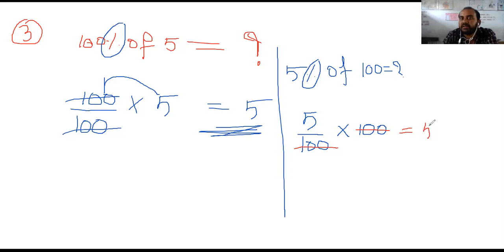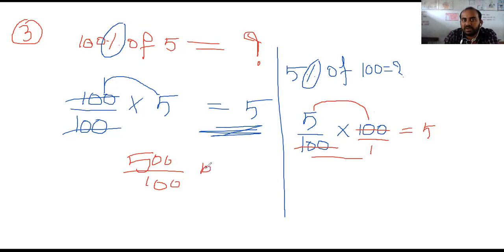If you want the division method, 5 into 100, numerator into numerator, you have to multiply. Here nothing is there, consider 1. So 5 into 100 is 500, and the denominator is 1 into 100, 100.